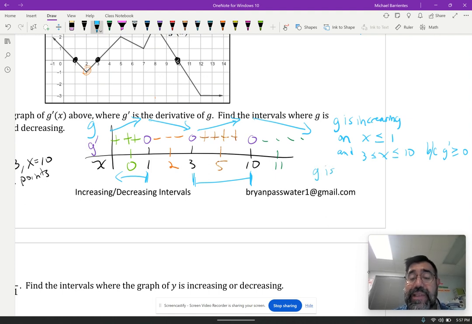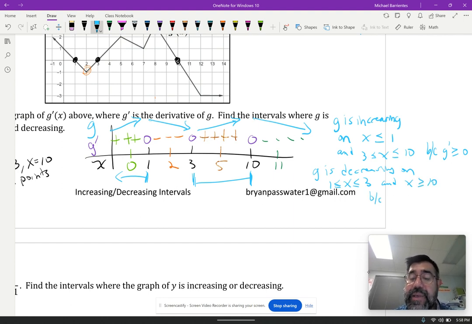However, g is decreasing on x values that are between 1 and 3 and x values that are greater than or equal to 10.